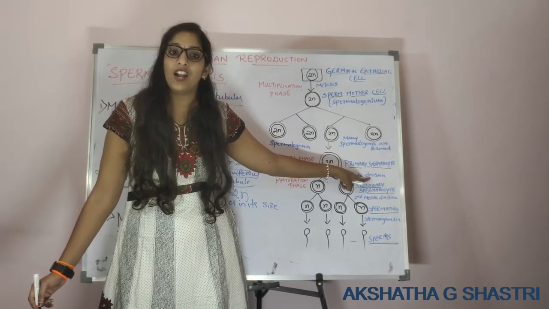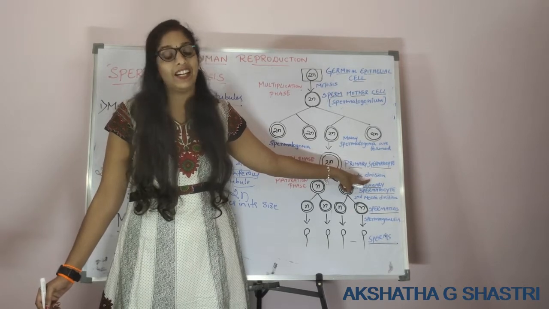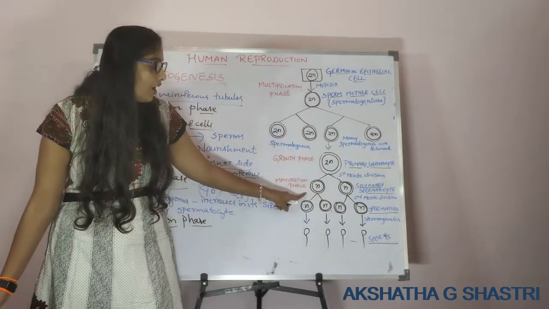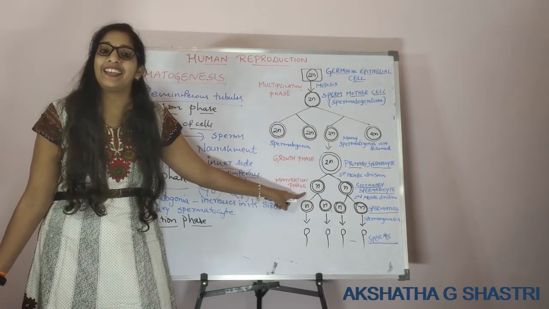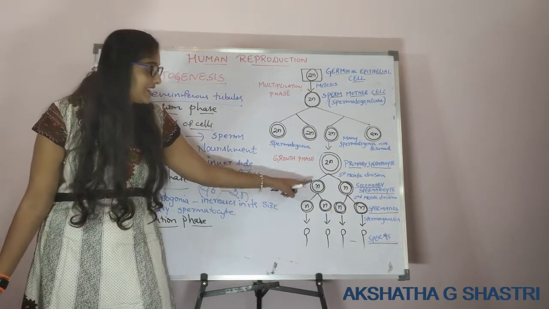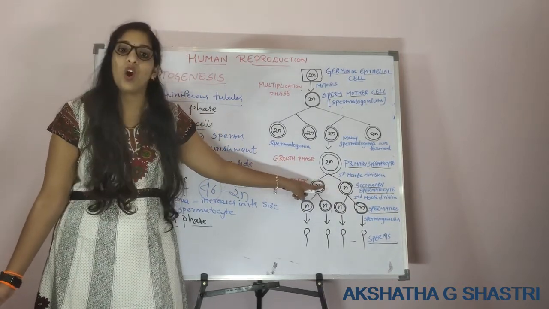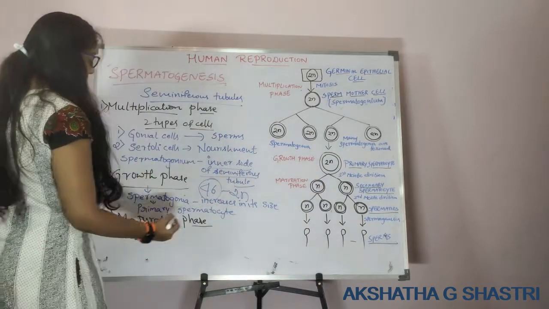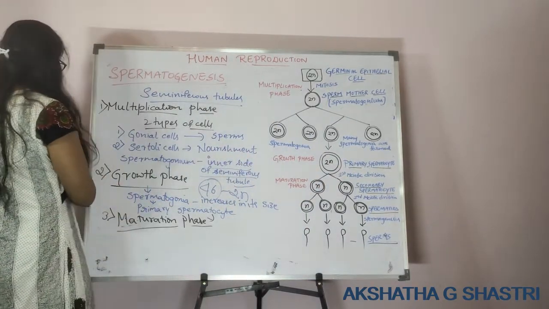It undergoes what? The first meiotic division, and it results in the formation of secondary spermatocytes, and these secondary spermatocytes are what? Haploid.